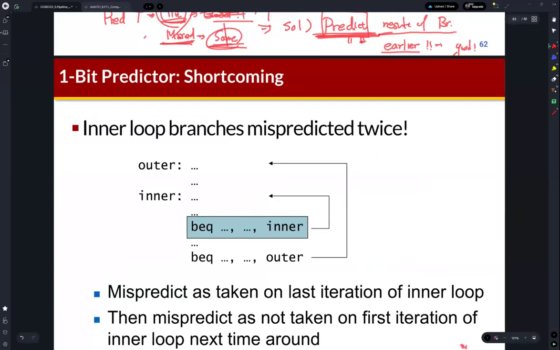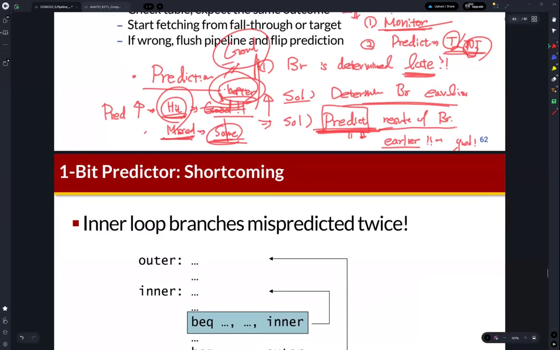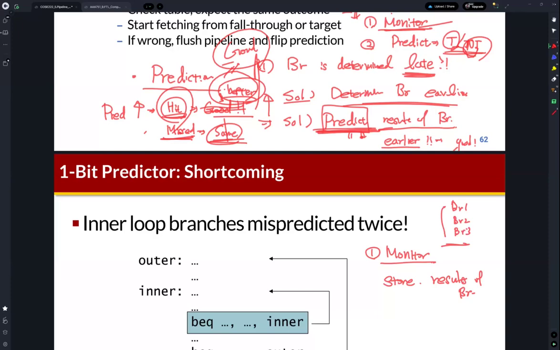Then how can you apply this? Firstly we need to monitor. It means we need to store the result of a branch instruction. But there are many branch instructions: branch instruction 1, branch instruction 2, branch instruction 3. So we need to identify these different branch instructions. How?